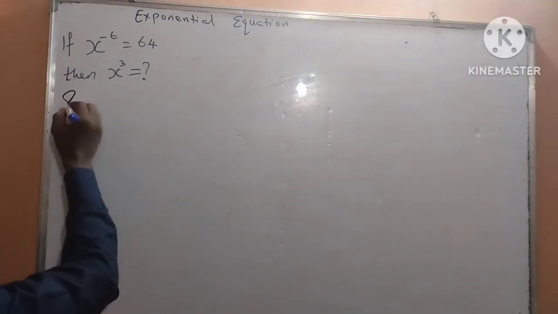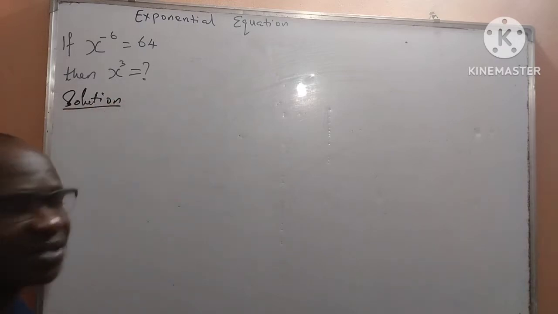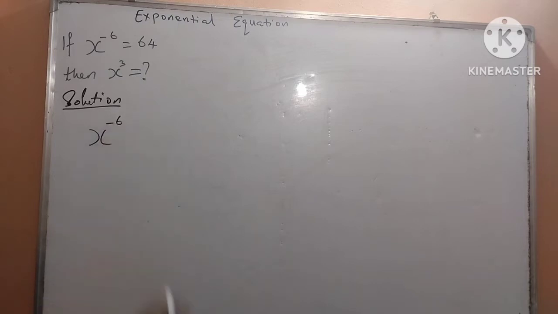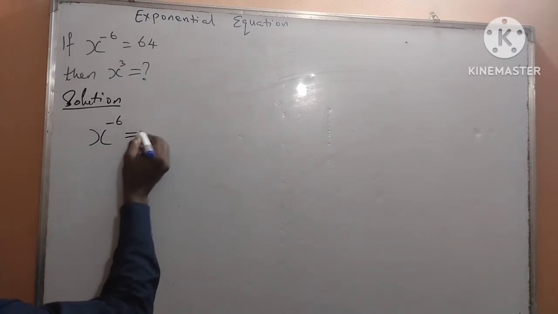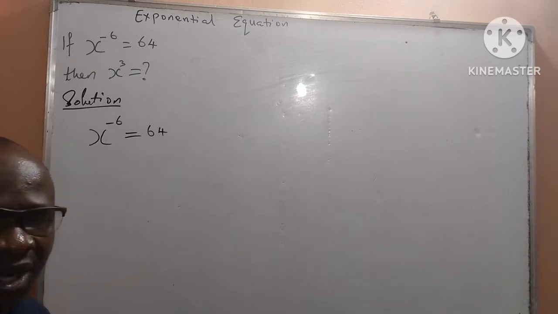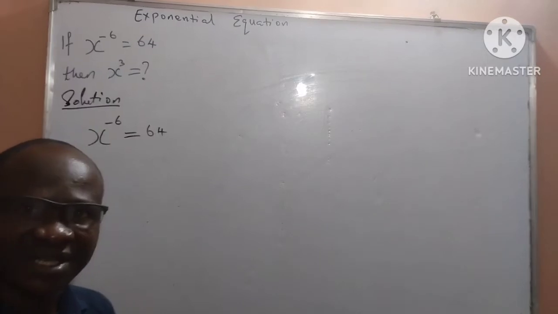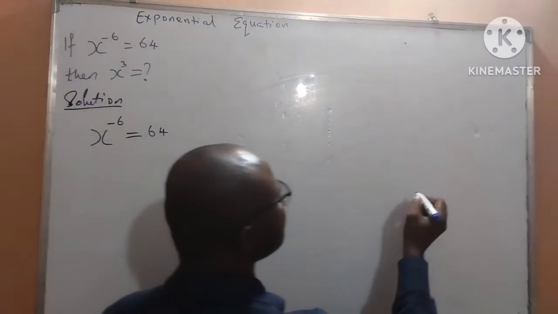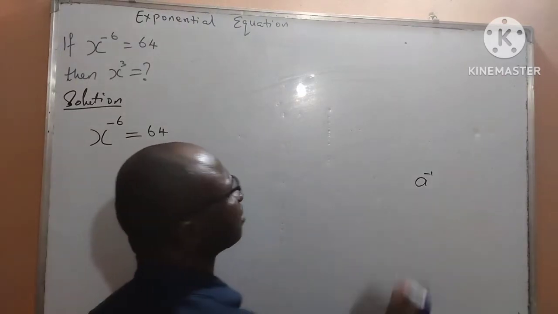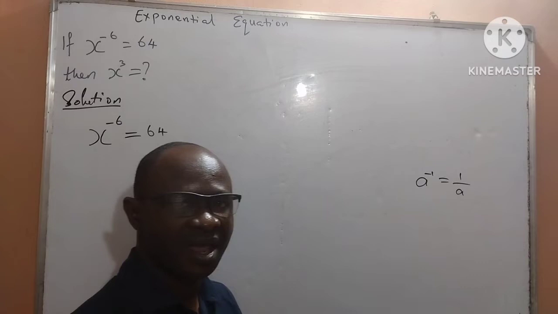Beautiful. Then, solution to this question. Given to solve, x to the power of negative 6 is equal to 64. We move on. By law of indices, one of the laws of indices, called the negative power index, says that if a is raised to power negative 1, it is written as 1 all over a.